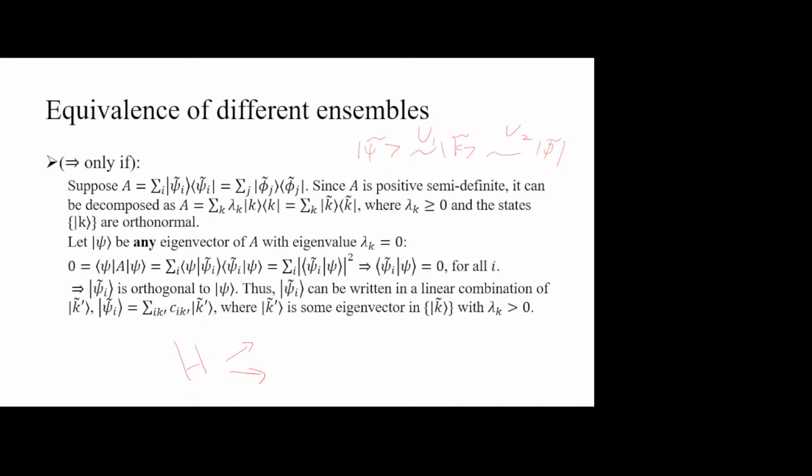So we can split the space into two orthogonal parts. The first part is spanned by the k with lambda k greater than 0, and the other part is a kind of null part with lambda k equal to 0.